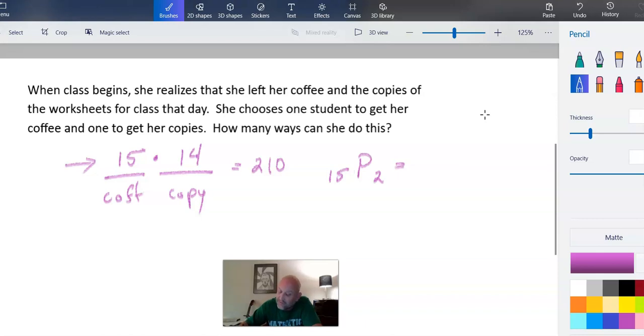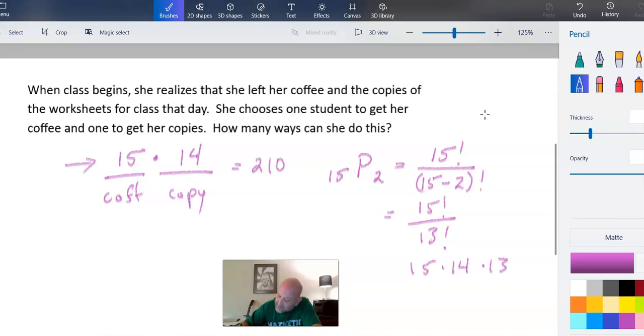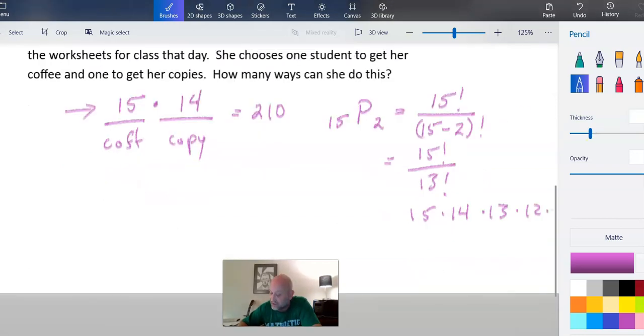So first of all, if I use the formula, the top would be 15 factorial, and the bottom would be 15 minus 2 factorial. So that means I'm 15 factorial over 13 factorial. Well, remember 15 factorial is 15 times 14 times 13 times 12, dot dot dot, all the way down to 1.